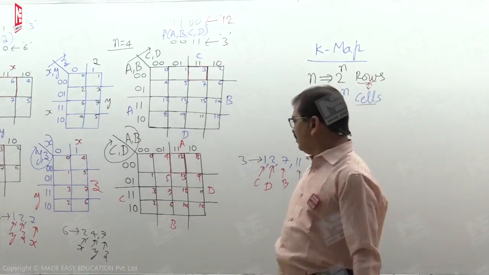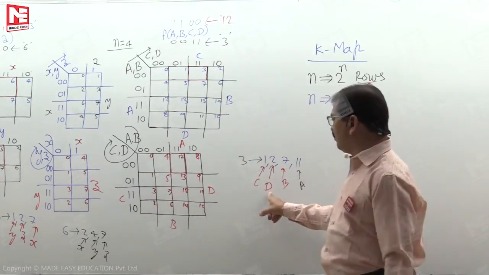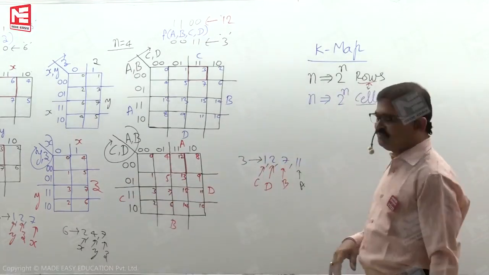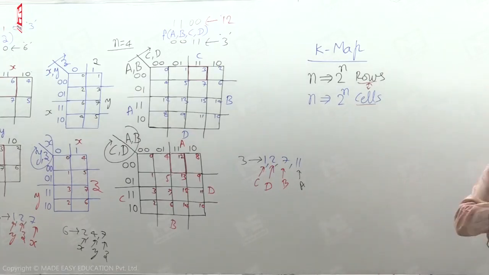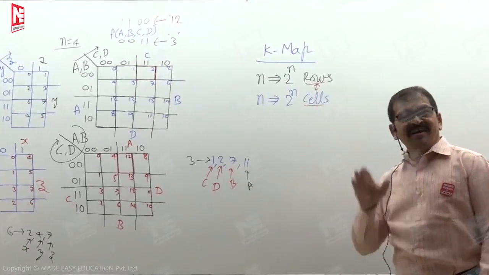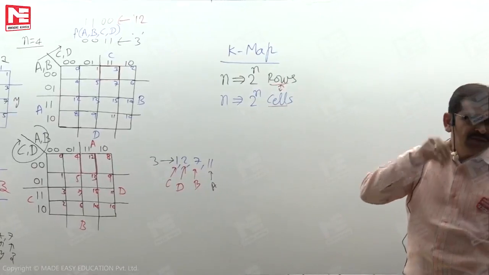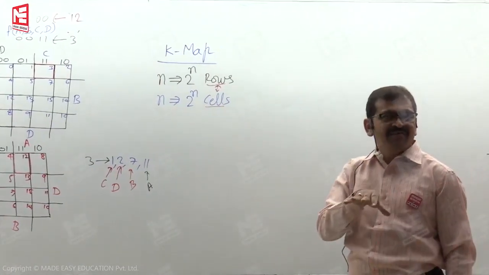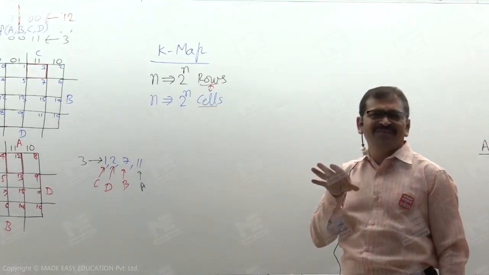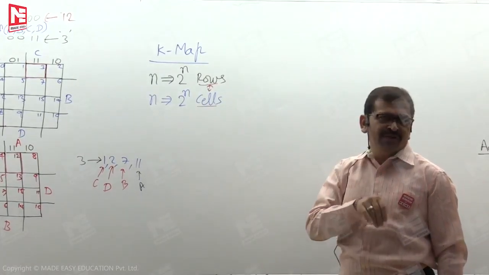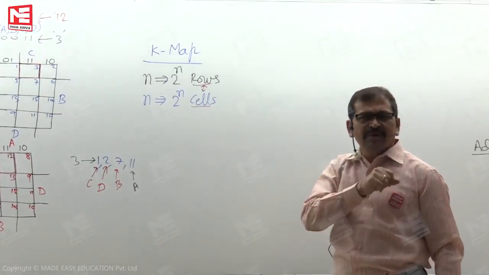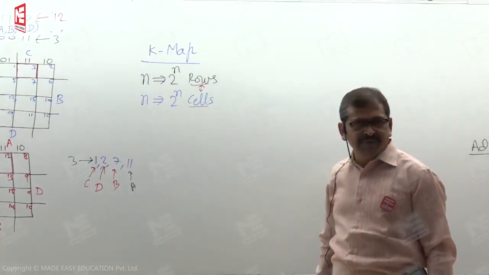And if you look further, 2 is an adjacent cell because of different D. 1 is an adjacent cell with different variable C, and so on. So the format may be anything, ultimately the results do not change. Irrespective of the K-map format, the results must be the same. If we read different results based on the format, we are doing something wrong. We are unable to use the map properly, and only then will we have different results based on the formats. Format may be anything, ultimately the results must be the same.